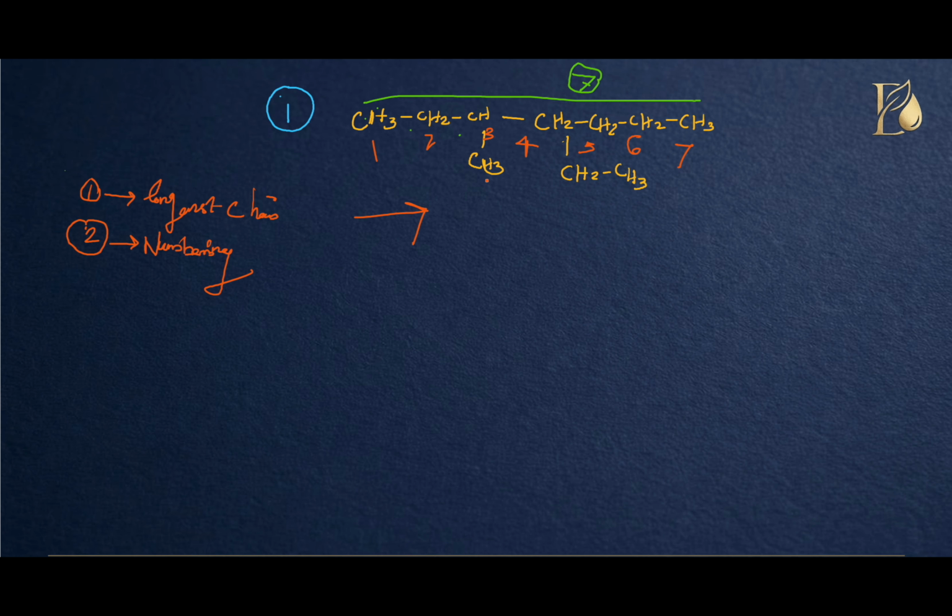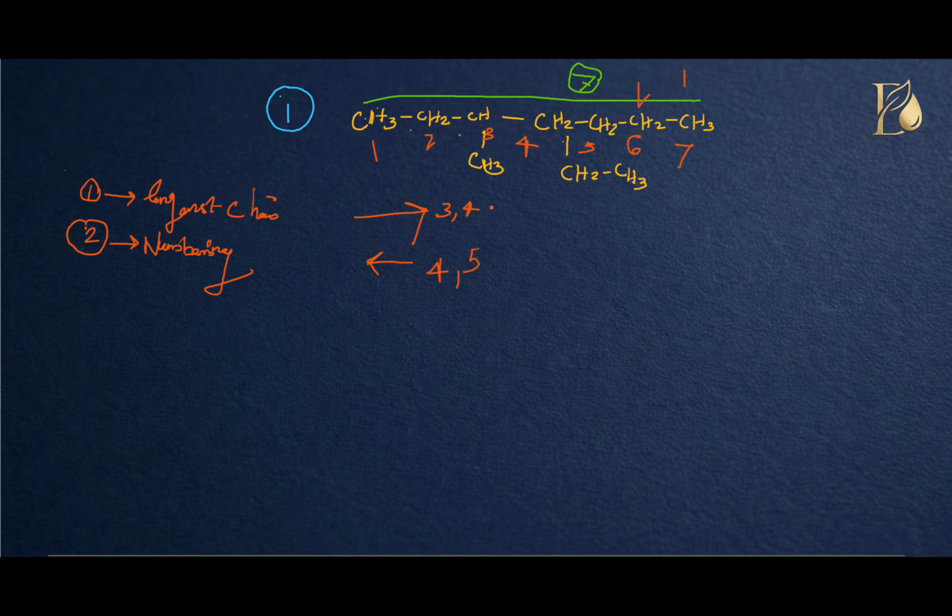So one substituent will get the 3rd position and the other one will get the 4th position. Instead of that, if you are numbering from right to left, what are the possible numbers? It can be 1, 2, 3, 4, 5. The numbering will be 4 and 5.